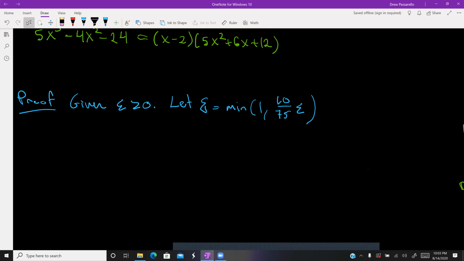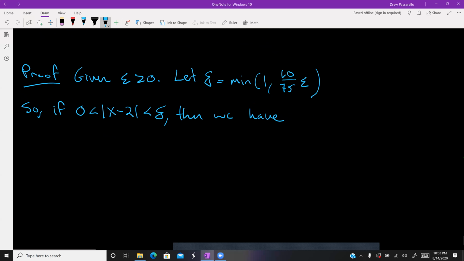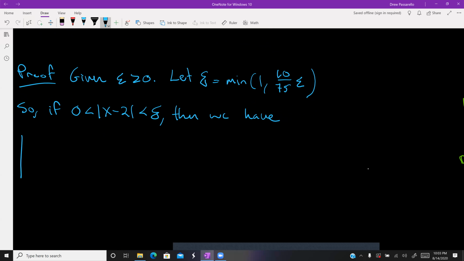So then if 0 is less than the absolute value of x minus 2, which is less than delta, then we have the absolute value of x cubed minus 4 over x squared plus 5, or x squared plus 1, minus 4/5.